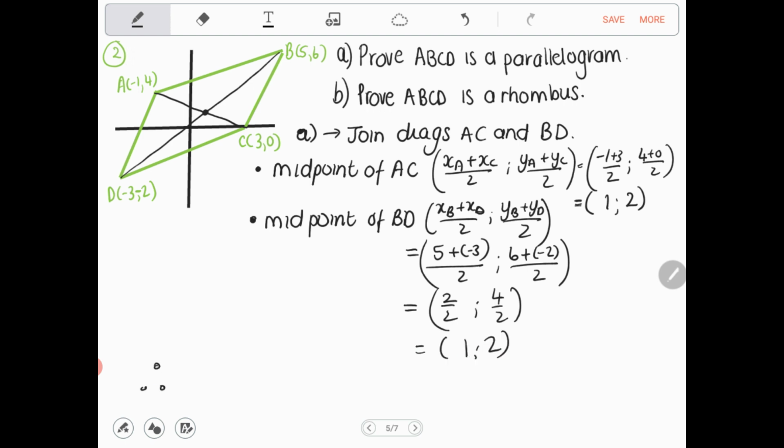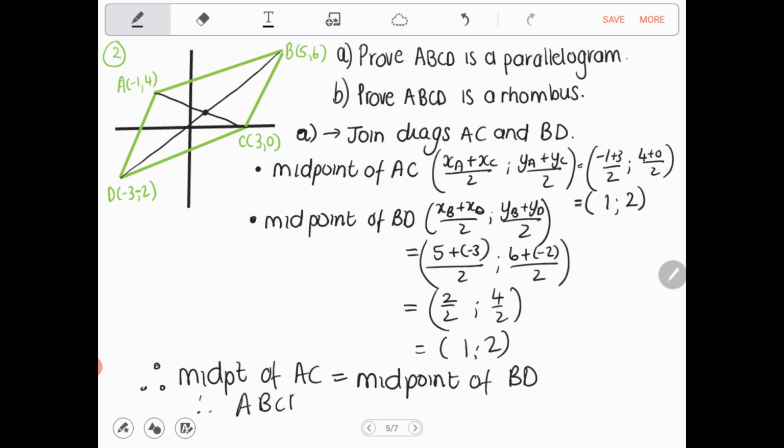So now I can say, therefore, the midpoint of AC equals the midpoint of BD. Therefore, ABCD is a parallelogram, and the reason would be diagonals of quad bisect. So because the diagonals bisect, this has to be a parallelogram. All right, so that's proving that it's a parallelogram.